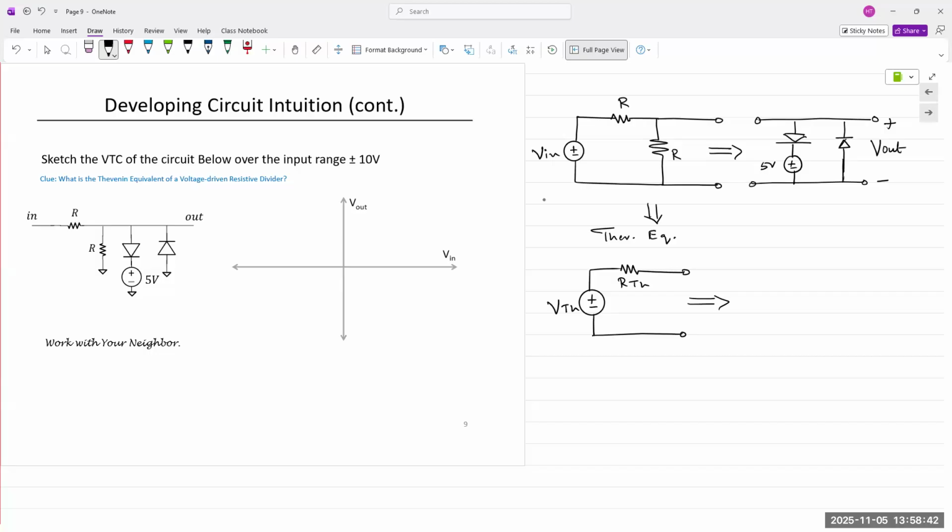So I'm going to assign this as student practice. The exact same analysis. The only thing is we need to find VTH and RTH, so the V in values would change.